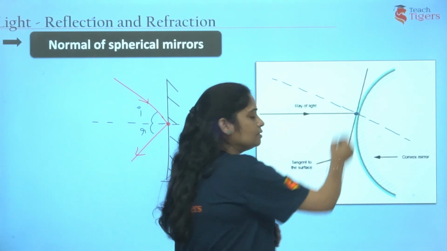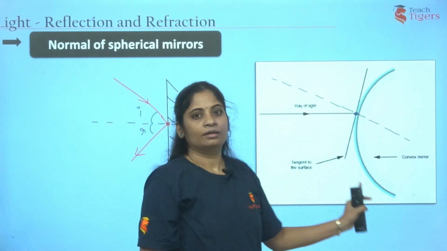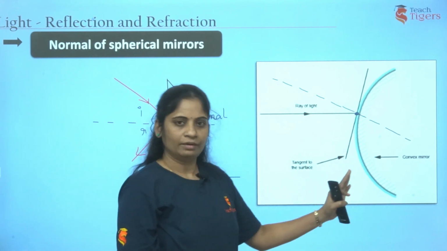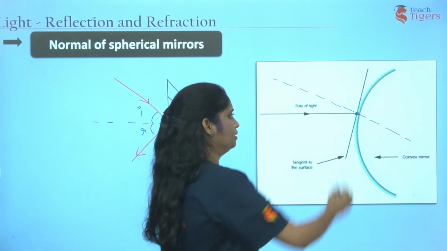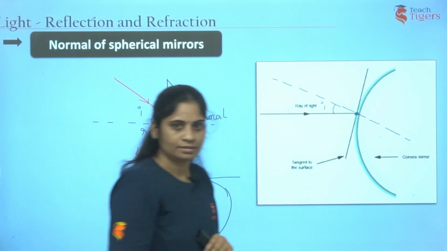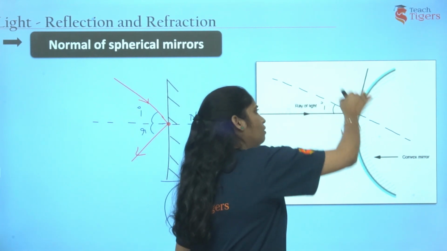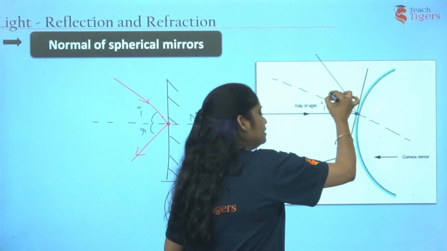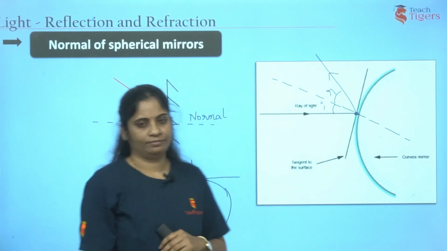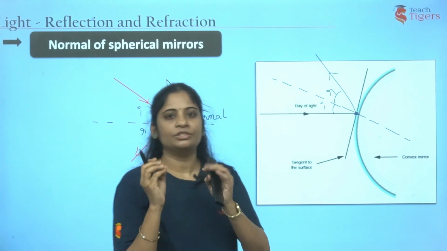This is the procedure to draw the normal for any curved mirror, not only convex. For concave also we can use the same concept. Now you can easily calculate the angle of incidence, and on the other side of the normal, making the same angle, you can construct the reflected ray. It is a little bit tricky but very easy once you understand.